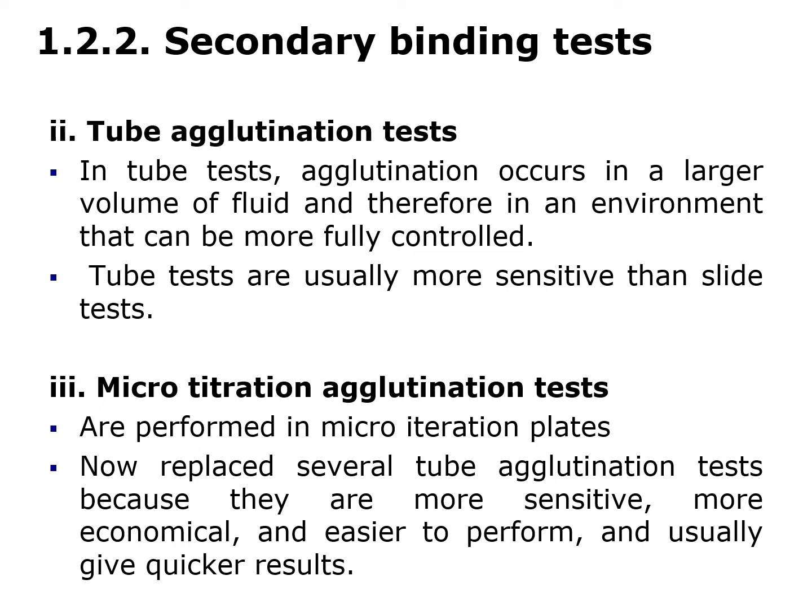Now for the microtitration agglutination test, this is similar to the tube test, but the amount is much lesser. Even if it is a small amount, it's still considered more sensitive and more economical because you have seen a microtitration plate. In one microtitration plate, you can perform about 96 different tests. You just have to label the wells using a marker.